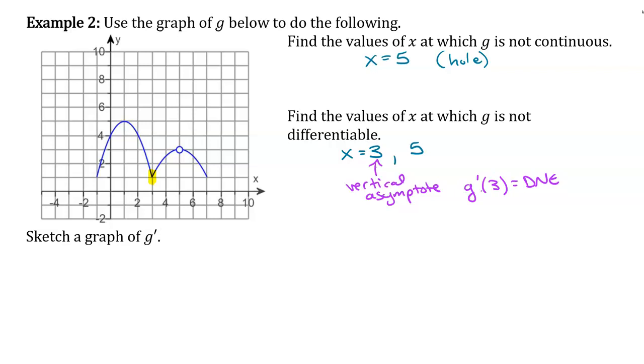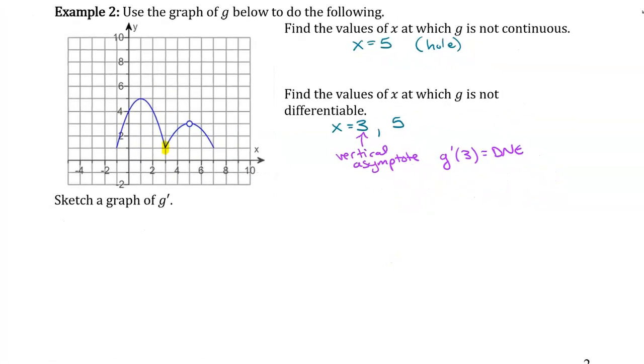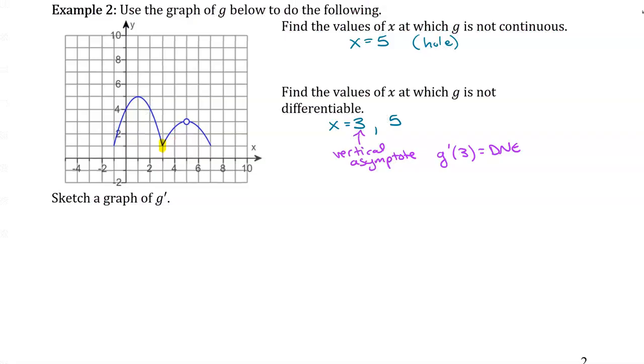So for sketching a graph when they don't give you the function, well, in our first example, all those pieces were linear, so we could do the slope very easily. For this one, not as easily, because they don't give us the actual function. They just give us a kind of hand-wavy, hey, this is what happens.